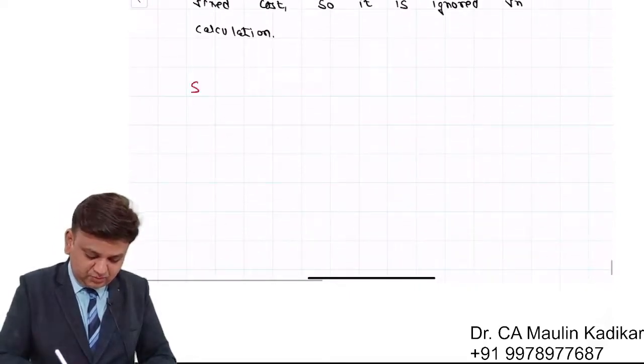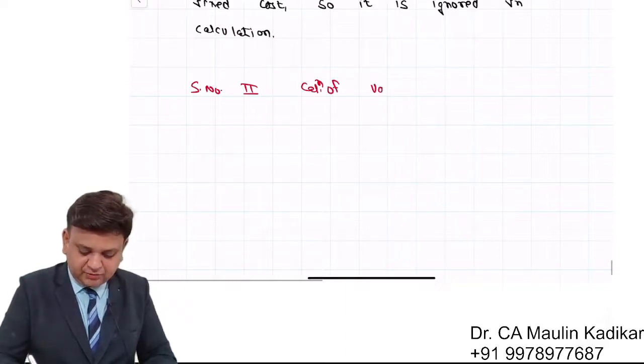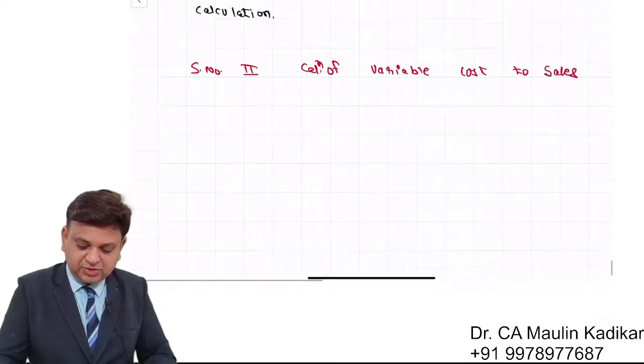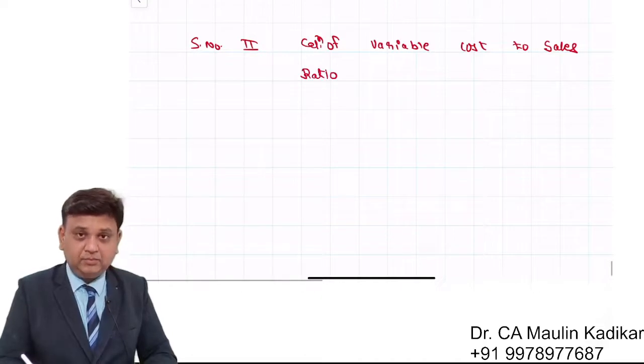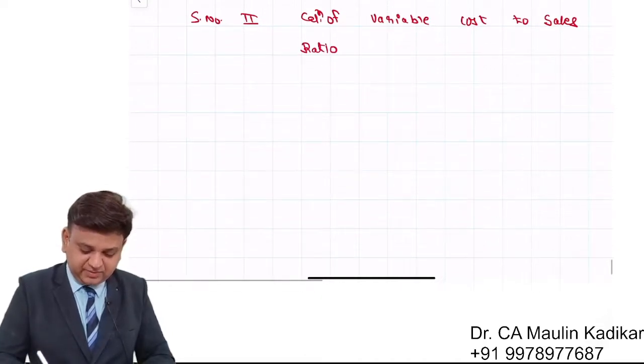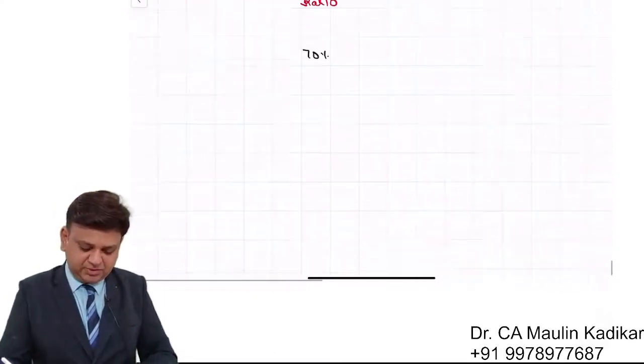Step number 2. Calculation of variable cost to sales ratio. In that, write down 70%. Again, it has been given to us directly in the question.